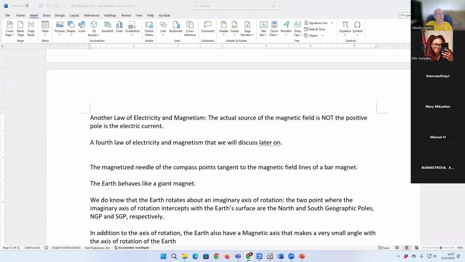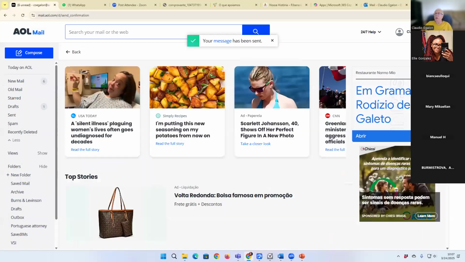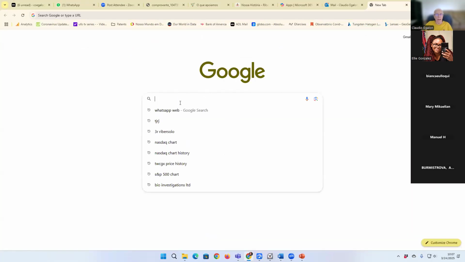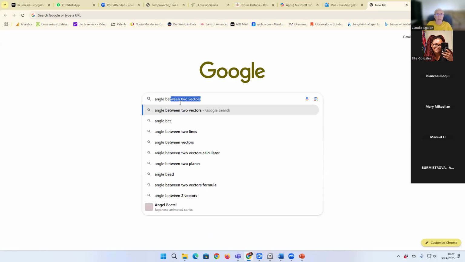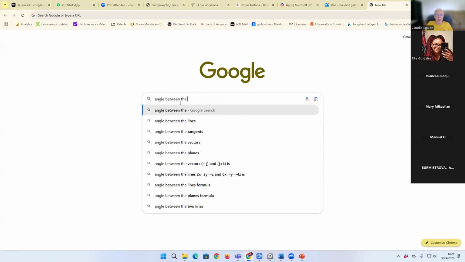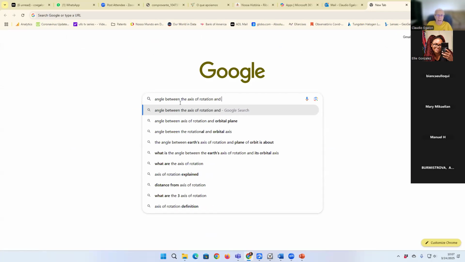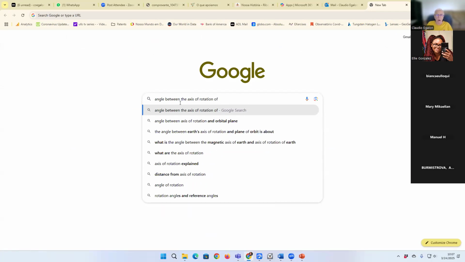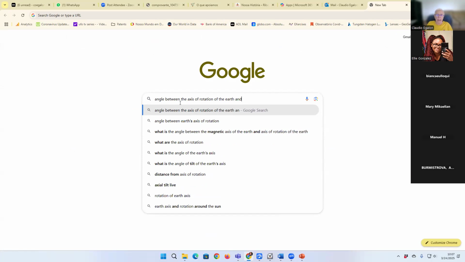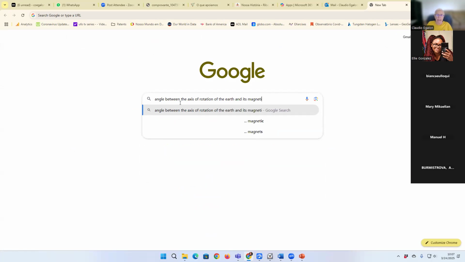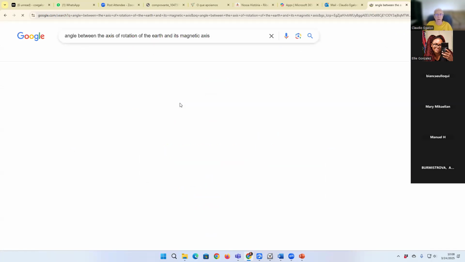Let's take a look at the internet. The angle between the axis of rotation of the Earth and its magnetic axis. Let's see, what's the angle between them?